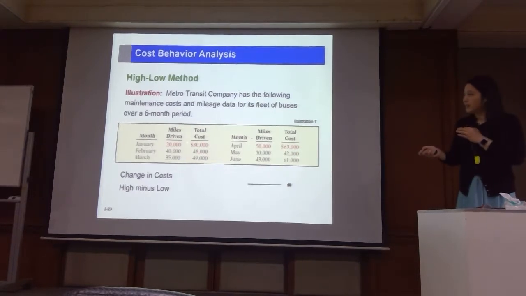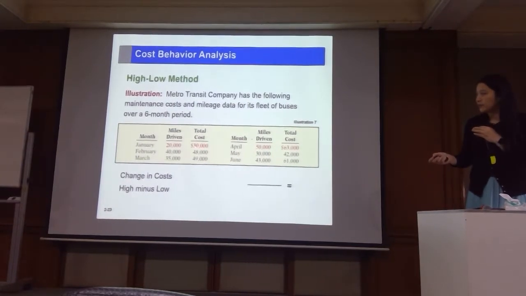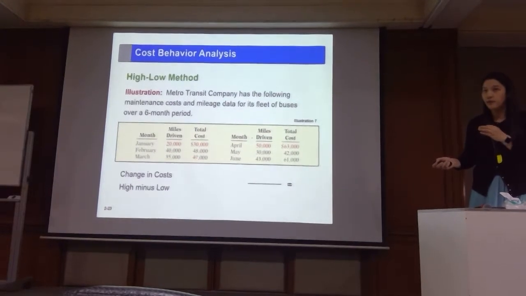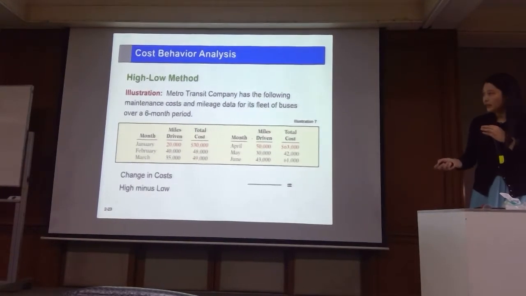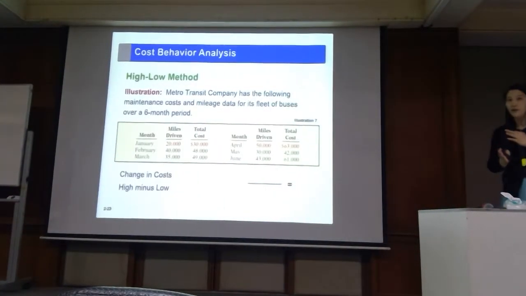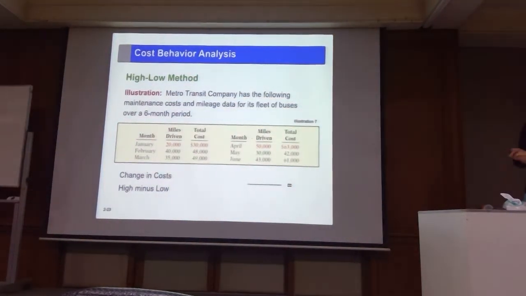Let's look at information given here. If you drive 20,000, the total cost is 30,000. In February, you drive more. The total cost increases more, okay? So you may think this cost is variable. But to make sure whether it's variable or not, you need to find the variable cost, the cost per unit, okay?